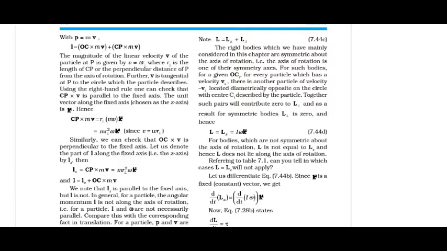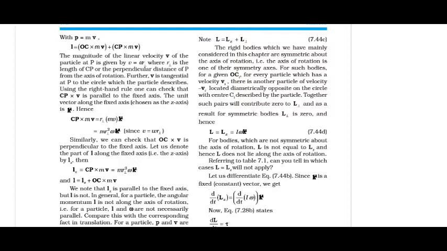The velocity v is tangential at P to the circle which the particle describes. Using the right hand rule, one can check that CP cross v is parallel to the fixed axis.